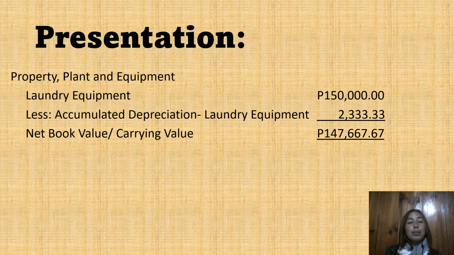And we put less. The word less means minus. So, less accumulated depreciation, specify pa rin yung pangalan ng equipment natin, which is laundry equipment, para alam mo na yung accumulated depreciation ay para sa laundry equipment na ito, which is 2,333.